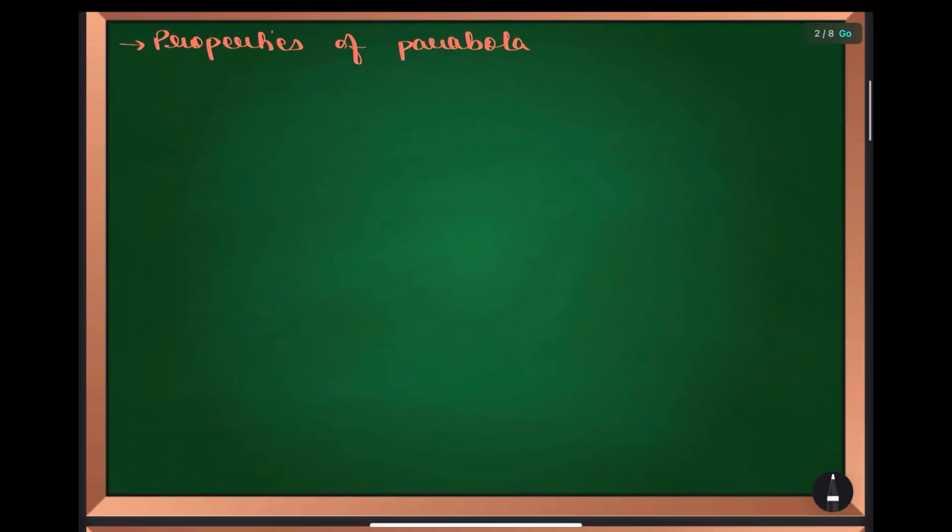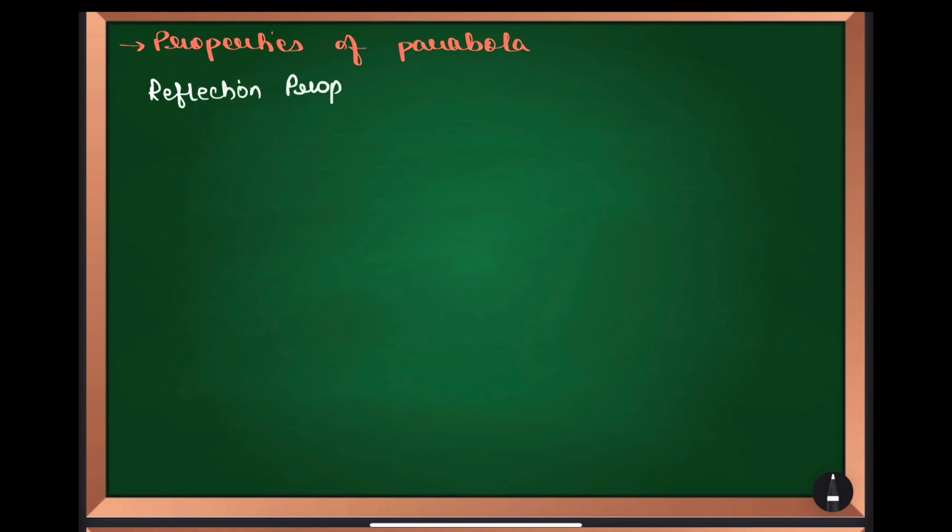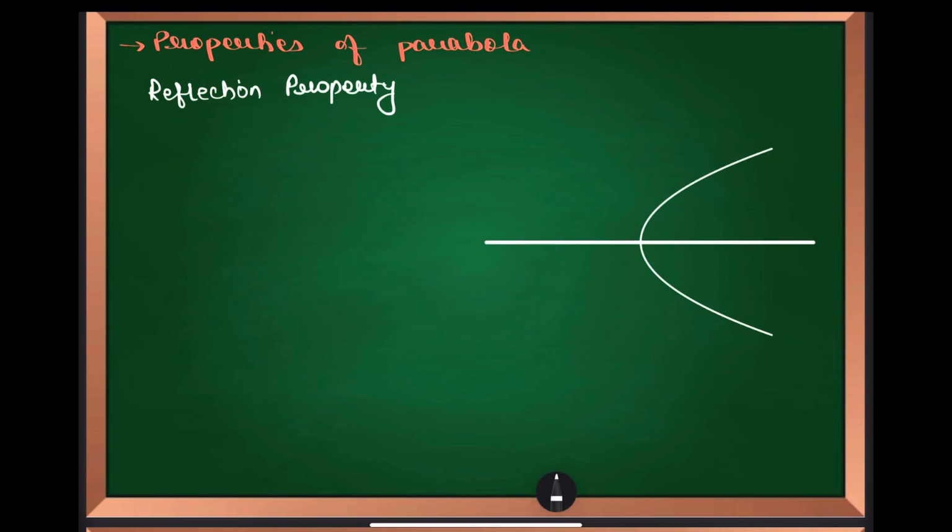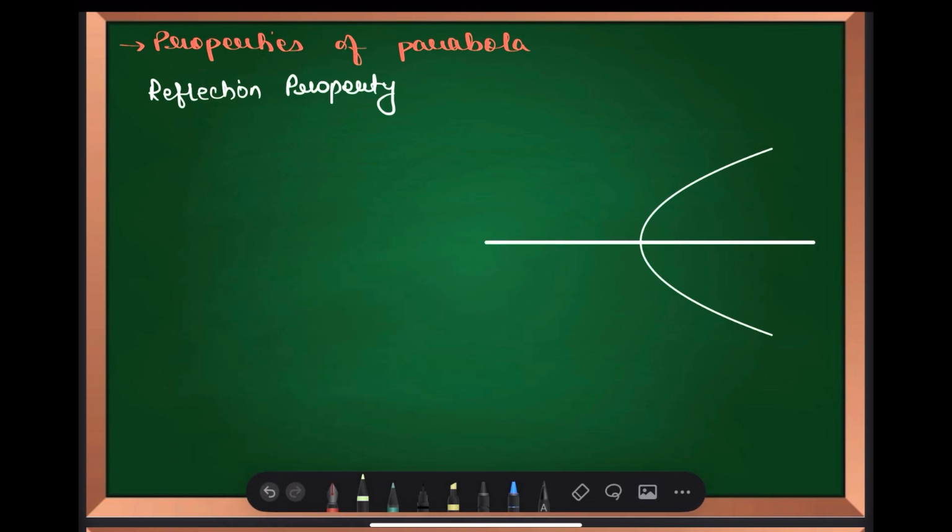Now look at the reflection property. Suppose you have a parabola, and so many parallel lines are coming parallel to the axis of the parabola. After striking the surface, they will concur at the focus.